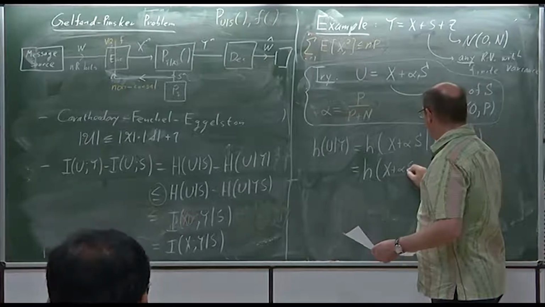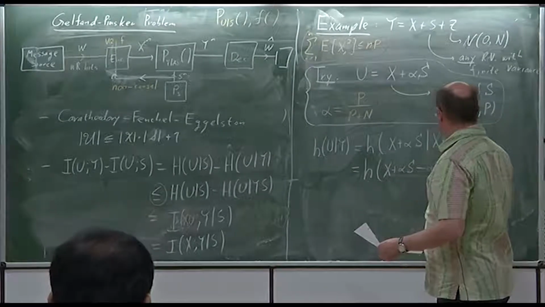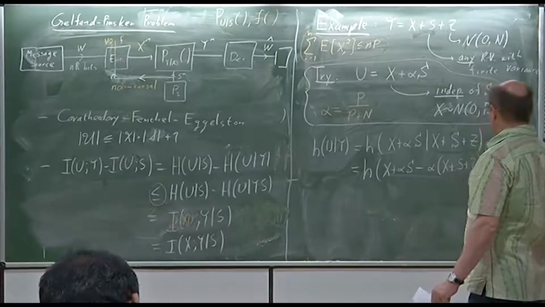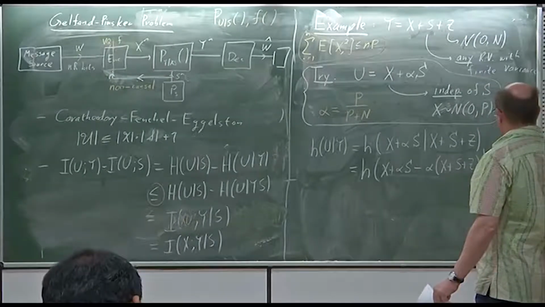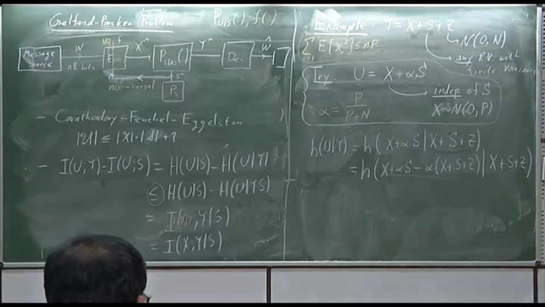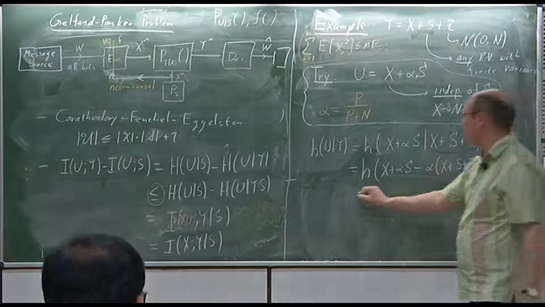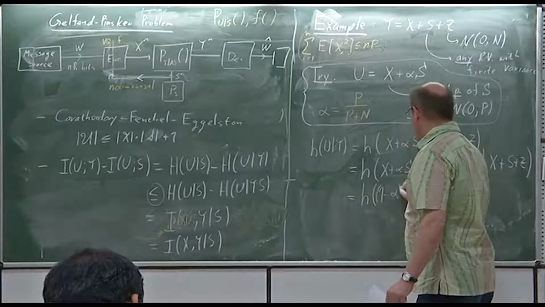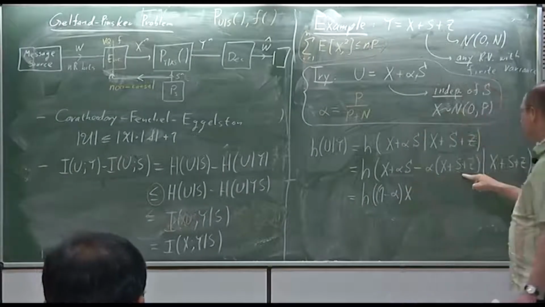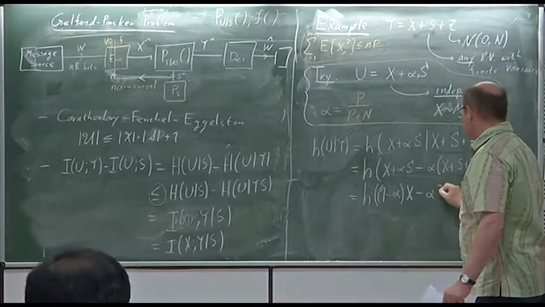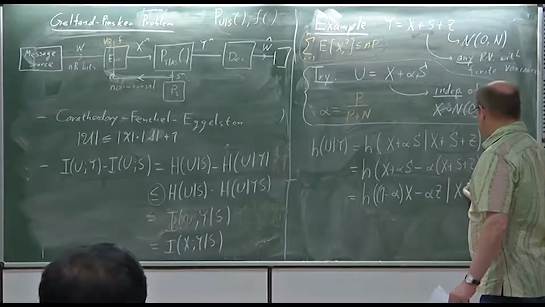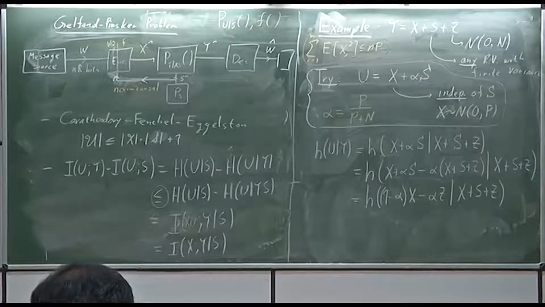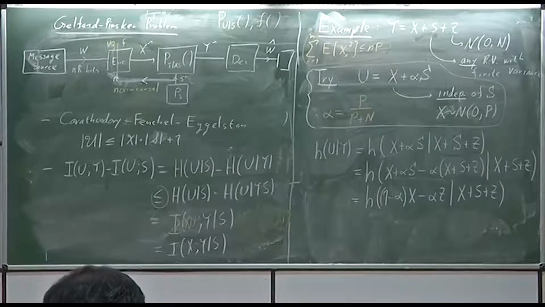So what I'll do is subtract off alpha times x plus s plus z. Then the alpha s's cancel, so I'll get h of 1 minus alpha x minus alpha z. Is that okay? All those steps?